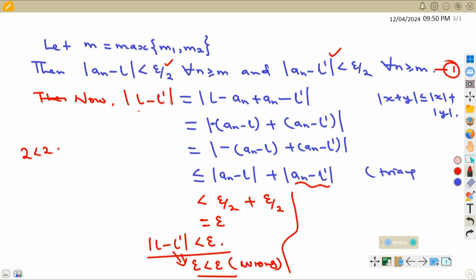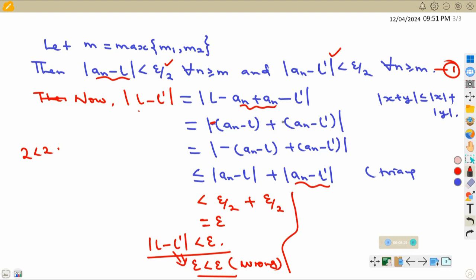We were able to create a 0 by introducing a_n, because when you look at a_n minus L and a_n minus L prime, we must look for ways of introducing a_n, and we introduce it by creating a 0, which helps us create this expression. So basically that is what we have done.